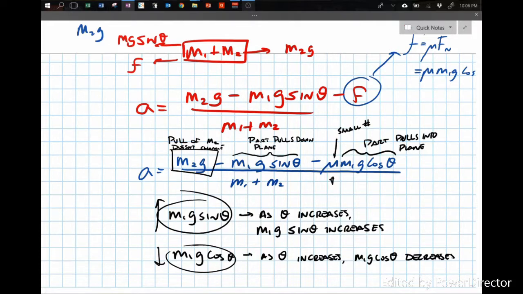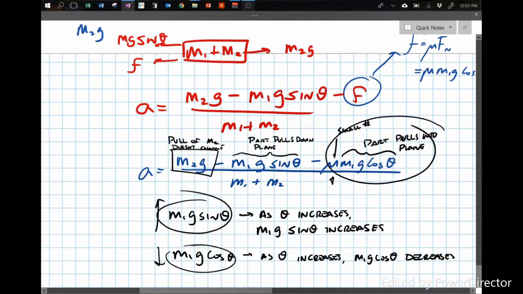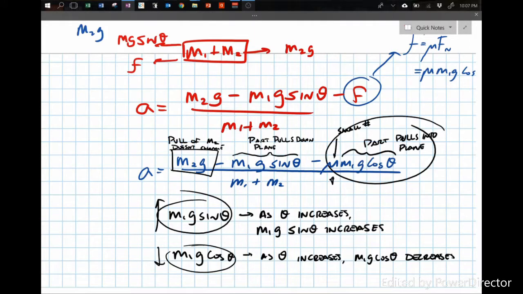So if I want this thing to accelerate towards m2g, I want the angle to go down. Then m1g sine theta doesn't pull against me as hard. And that's even though m1g cosine theta is going to get bigger, but it's multiplied by mu, so it's not as important as what's going on.